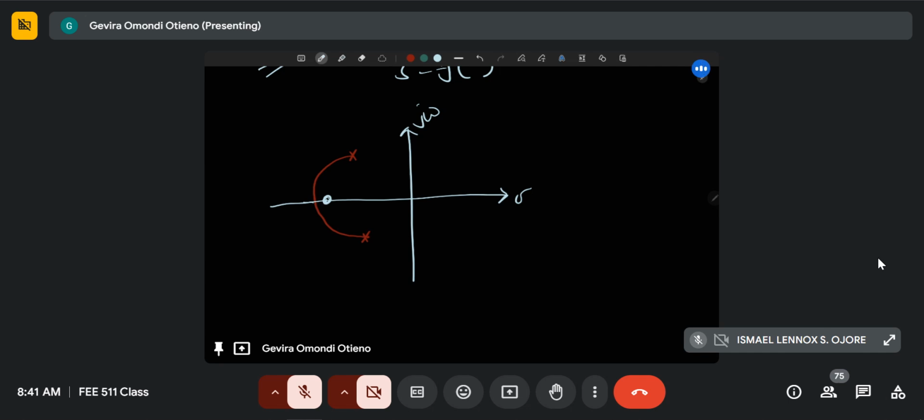So the angles that we are referring to are, in this case, we have complex poles. So we can't find the angles of arrival. We look at the angles of departure, because for the poles, we depart the poles as we arrive at the zeros. And since the zero is on the real axis, we don't determine the angles. The angles are only determined if either the poles are imaginary or complex in this case, or the zeros are also imaginary.